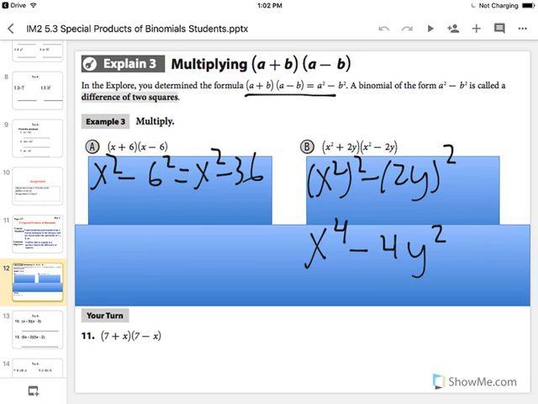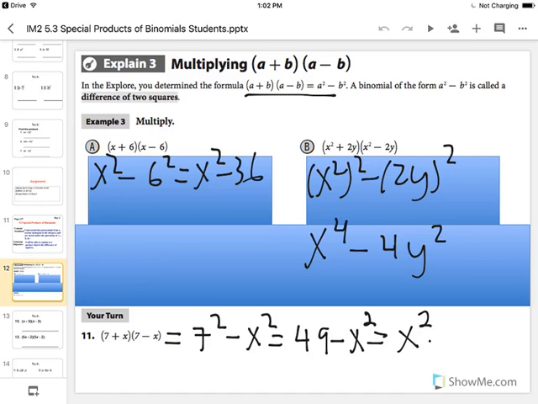Okay, so let's do your turn, number 11. Make sure that you write your answer in standard form.